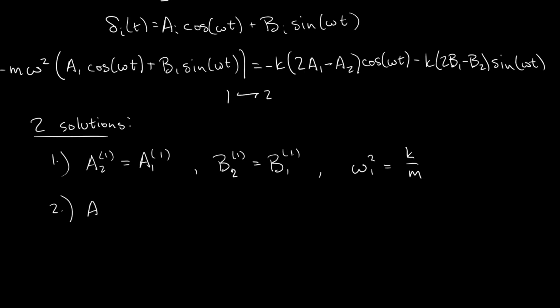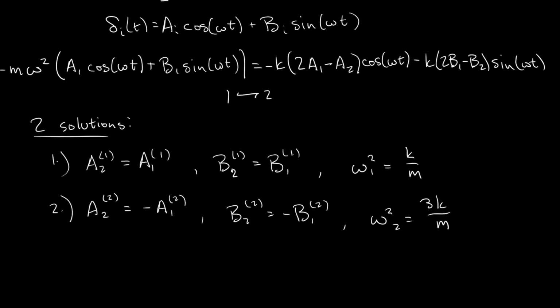So you see now this one is no longer trivial. It's no longer a trivial solution, and so it's important to keep in mind, equals minus a1 2 b2, minus b1 2, and then omega 2 squared is equal to 3k over m.